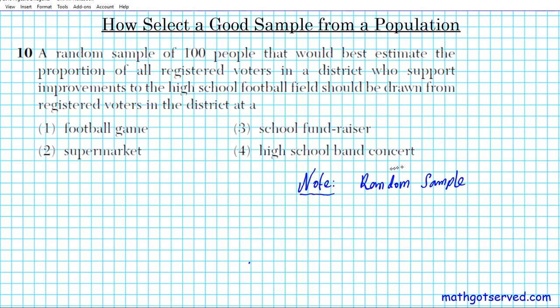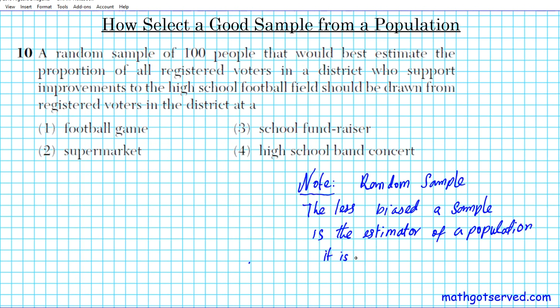The less biased a sample is, the better estimator of a population it is. So you want to try and be as unbiased as possible.